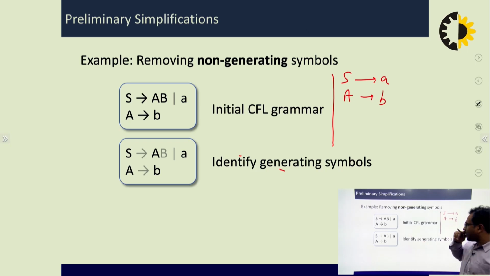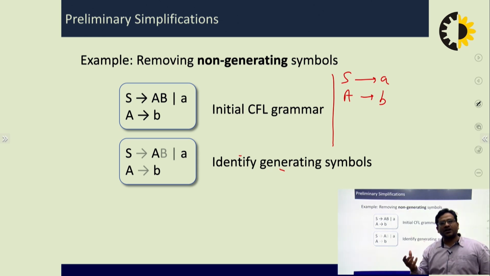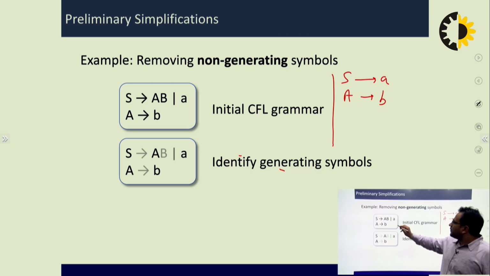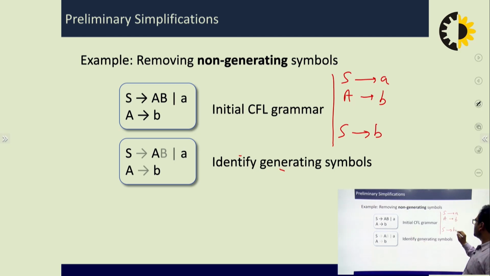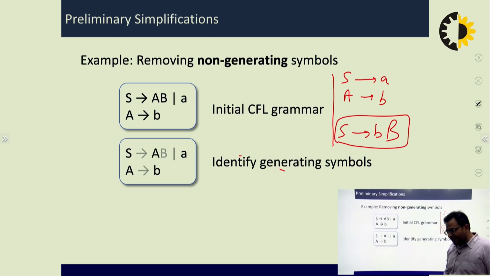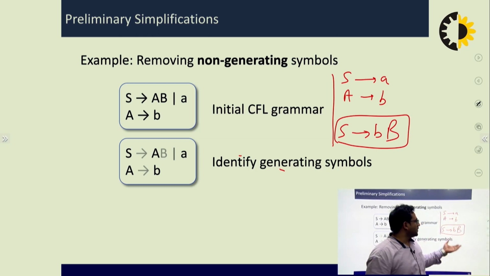What do we do next? Suppose any production which has S and A then generates some string, then you can also include it there. If we put here S tends to capital B in the place of A, this is not generating any string, because this is a non-terminal and this is a terminal value.